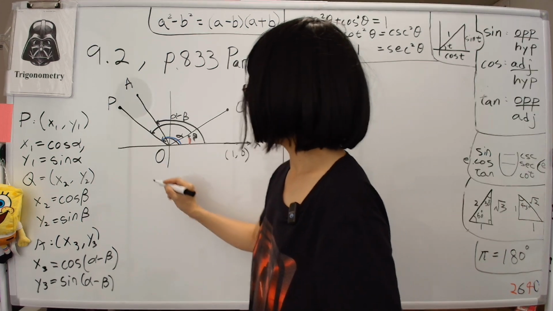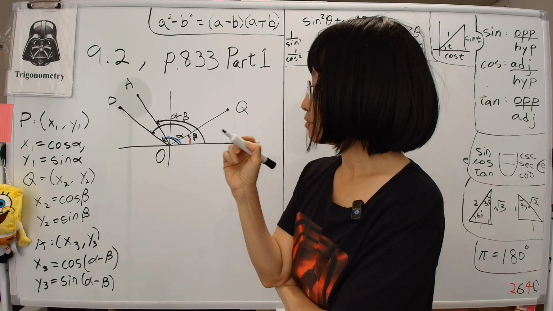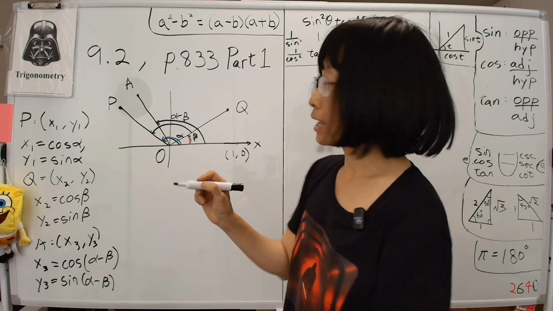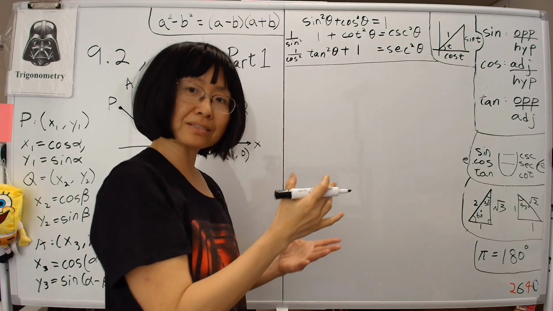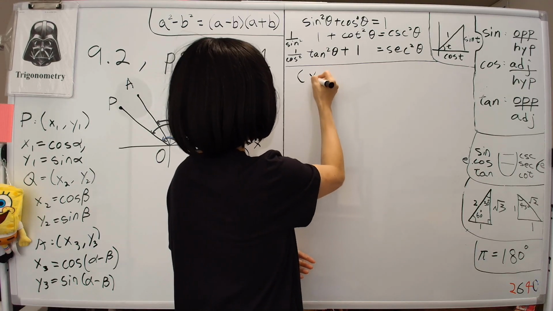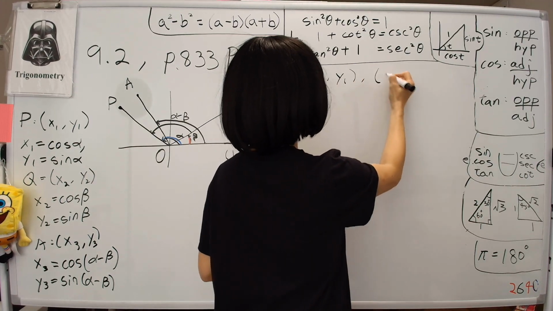Okay, so what we're going to do is use the Pythagoras theorem, which is also the distance formula. I should write it down right here. The distance formula between 2 points in a plane. Let's say you have 2 points, x1, y1, and x2, y2.